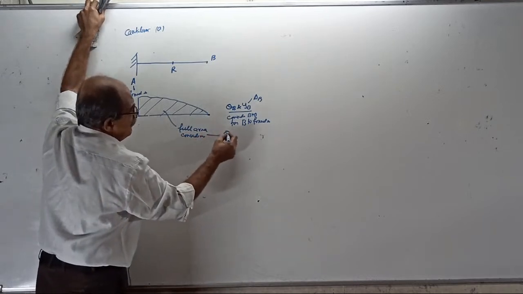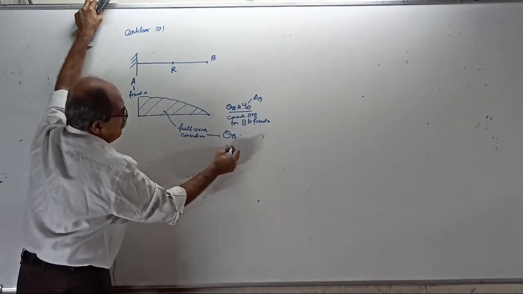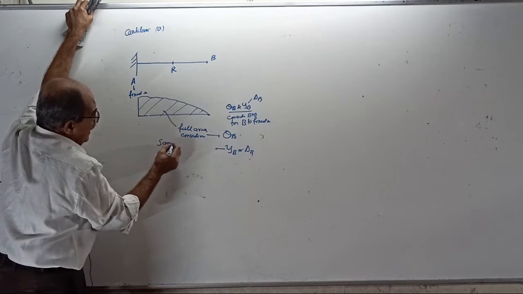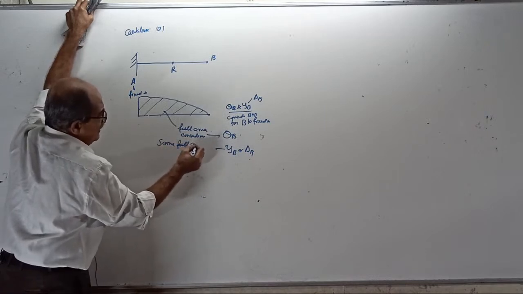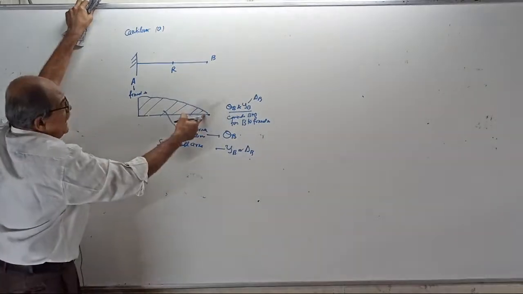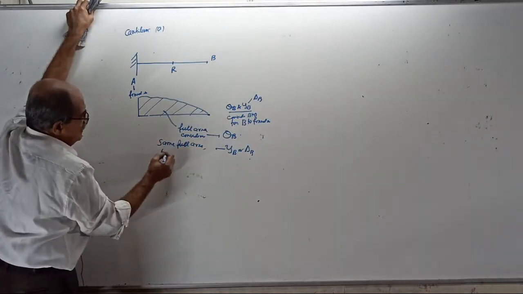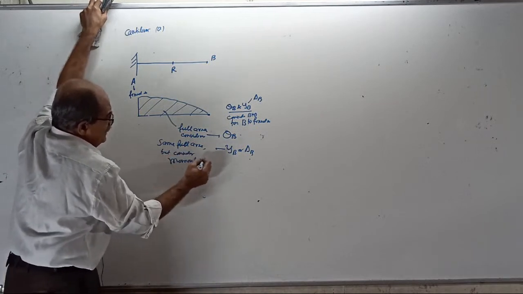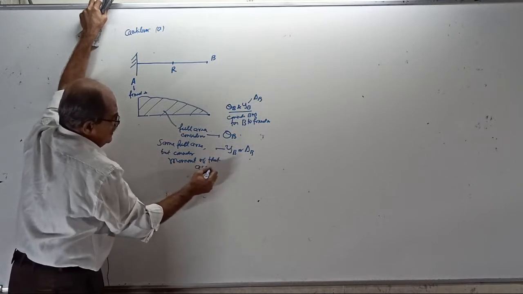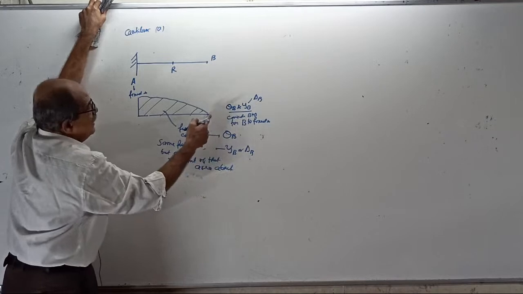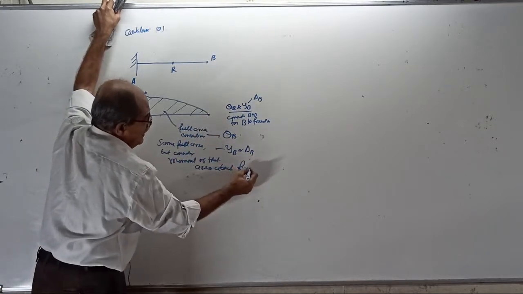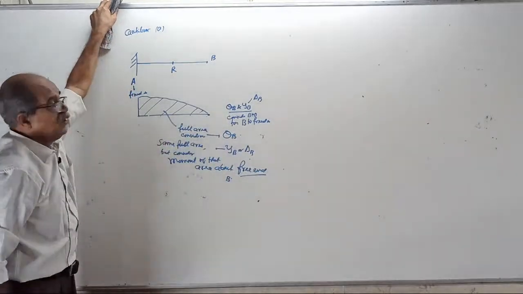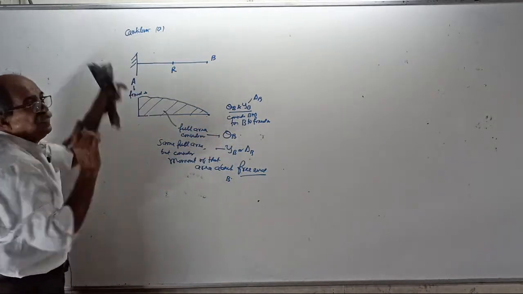You get theta B. And if you want deflection at B or delta B, the same full area, but consider the moment of that area about where? About the free end, not the fixed end. About the free end, that is B.